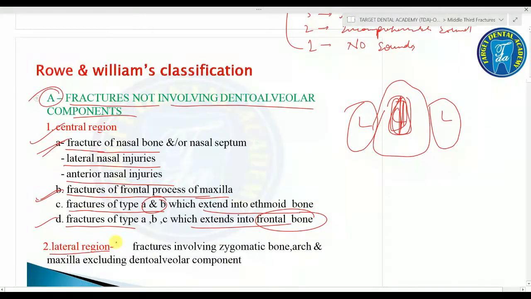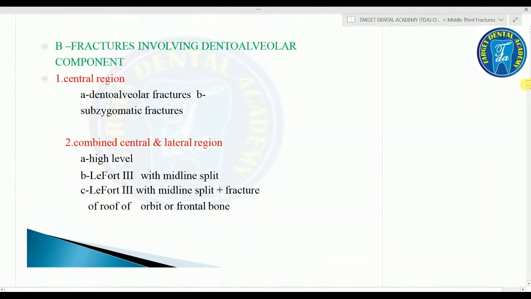Fine. And the lateral region, the fracture involving the zygomatic bone and the arch and the maxilla, including the dento-alveolar component. So first is the fracture which is not involving the dento-alveolar component. Next is the fracture involving the dento-alveolar component.